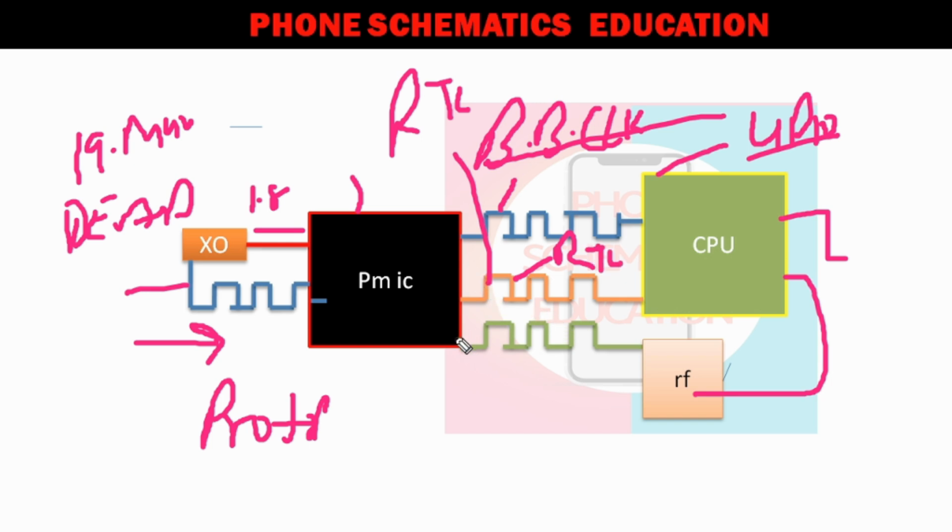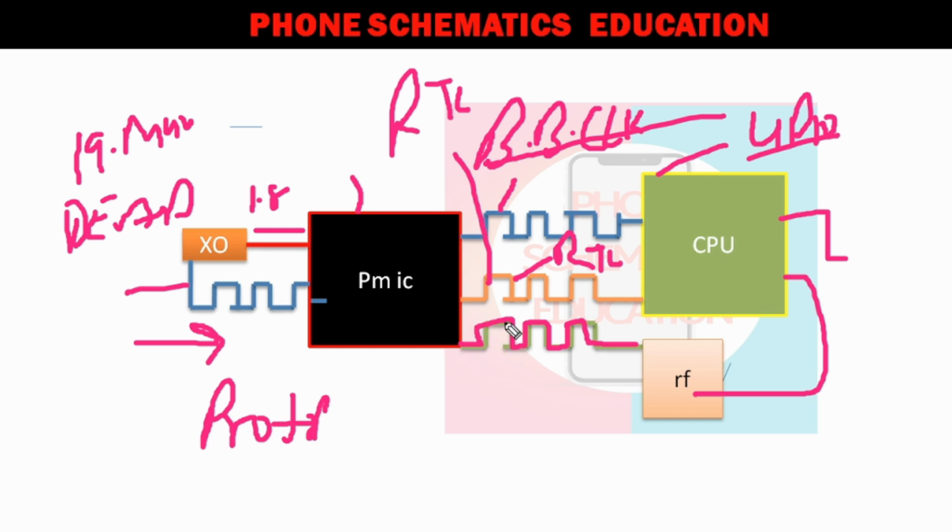Now, the power IC also generates other clock signals, one for the RFIC, your transceiver IC. We already saw the schematic called XO in the WTR, just discussed this line. So this signal comes from the power IC.